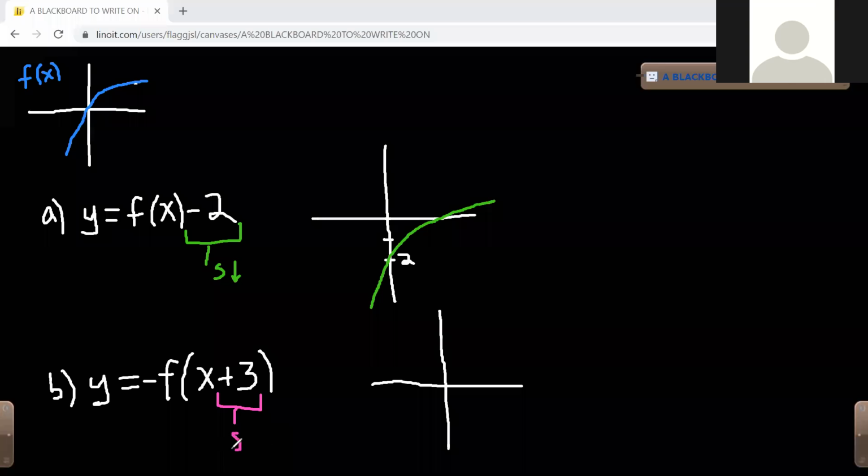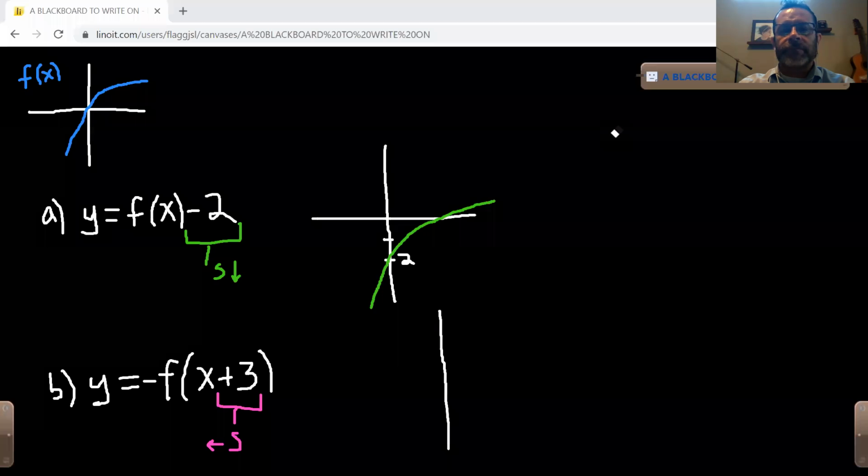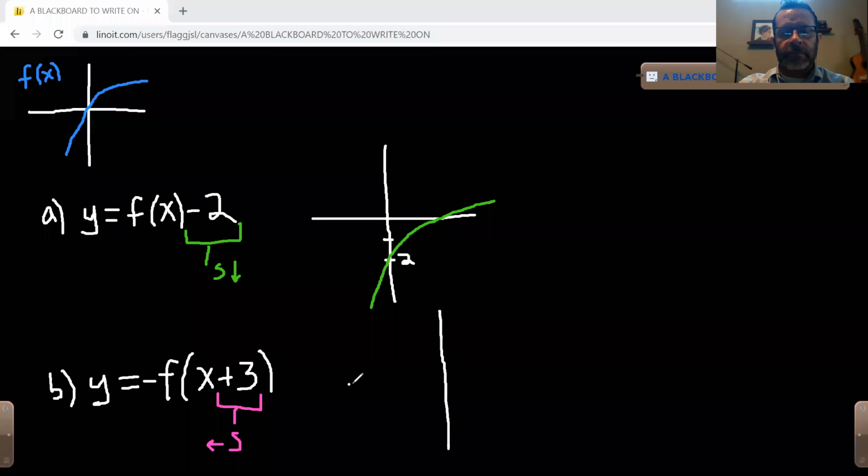It's a shift because it's inside, and it's going to be a shift to the left. So we're going to have a shift to the left of 3 units. That means the new reference is going to be the minus 3.